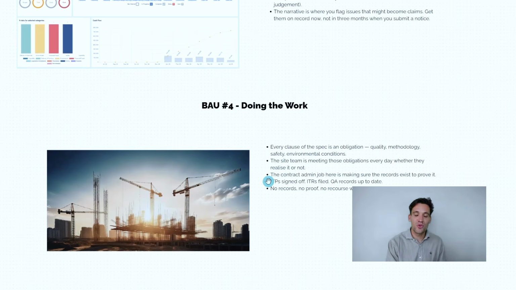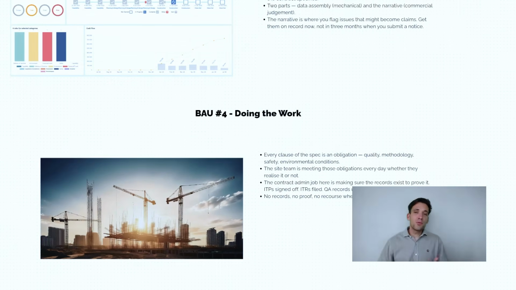Because the thing we want to avoid here is scope creep. Scope creep is doing more work than you were originally contracted to do without getting a corresponding increase to the project budget. So for example, you originally had to install normal windows. The client says, oh no, we actually want double glazing windows, which are more expensive, but you don't put in a variation to claim those extra costs.